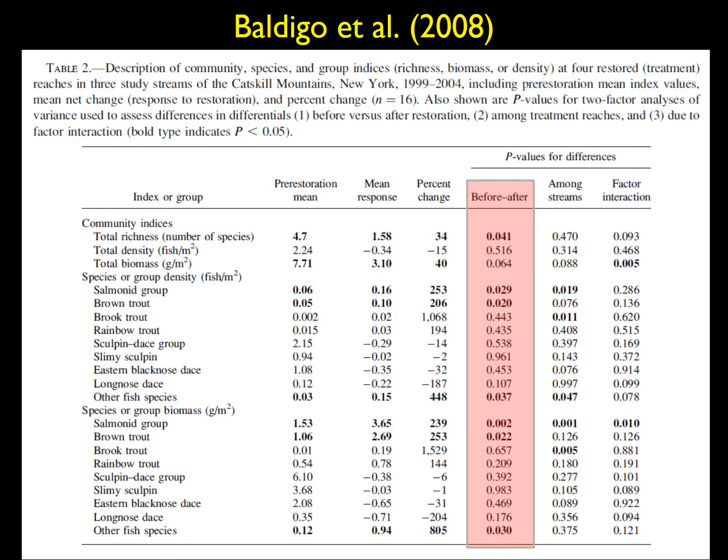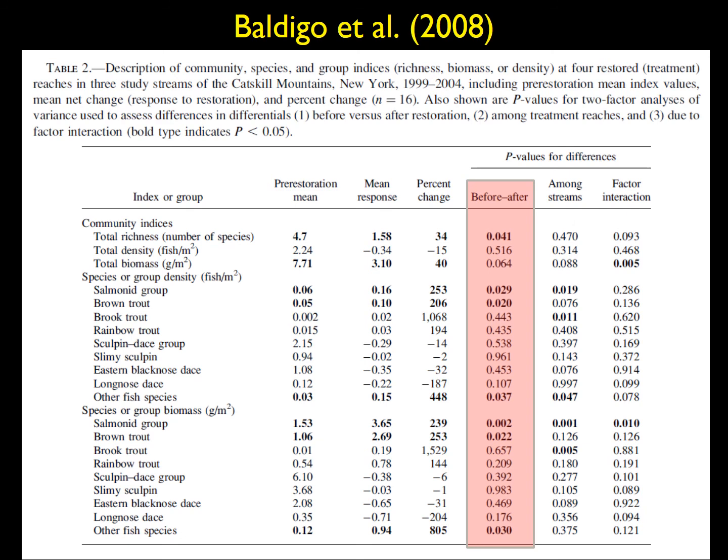So here's a table of their data. The highlighted column there is the p-value, looking for differences in the fish assemblages after restoration. And those bold values, again, are statistically significant at a cutoff of 0.05. And the mean response column, 2 columns over to the left, is the post-restoration value minus the pre-restoration value.